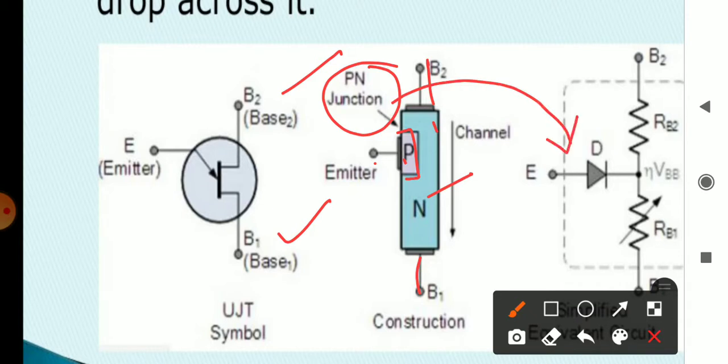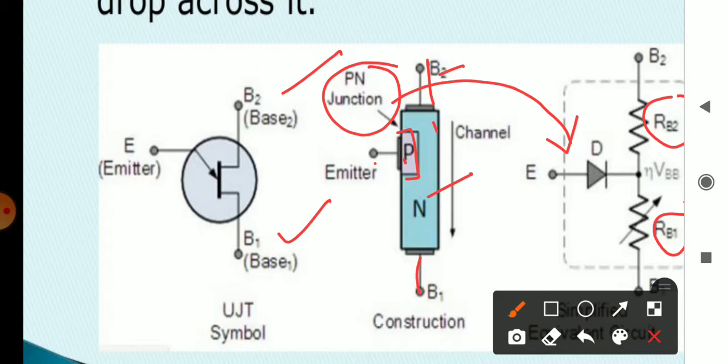This is the equivalent circuit. Because of the ohmic contacts at B2 we get the resistance RB2, represented here, and this is RB1. Emitter terminal, B1 and B2. Here you can see the emitter is closer to B2 compared to B1.